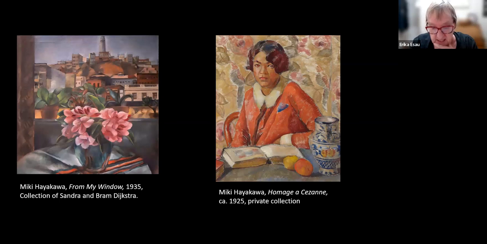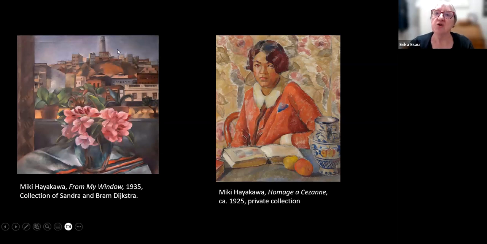And like Ji, who had studied in Paris, her paintings from the 1920s show the influence of Cubist studies and modern color. You see this in her Homage to Cézanne from 1925, and in From My Window, in which you see this faceted, luminous kind of breakup of the surfaces of color.